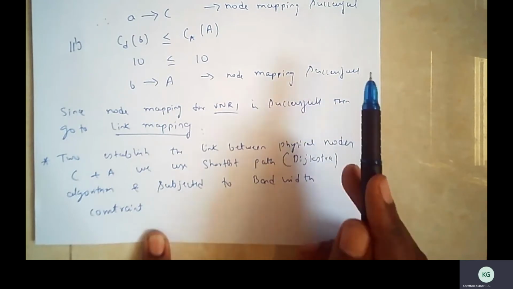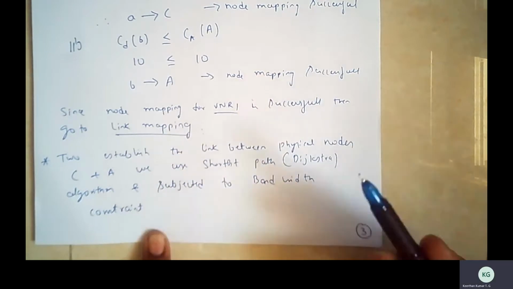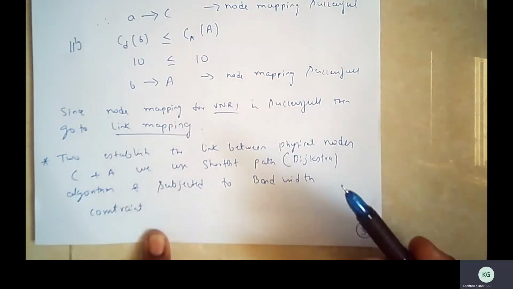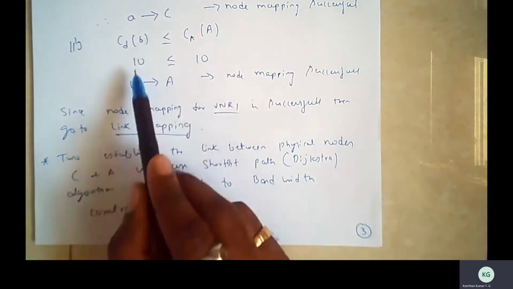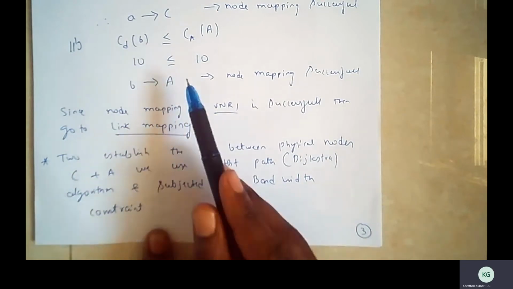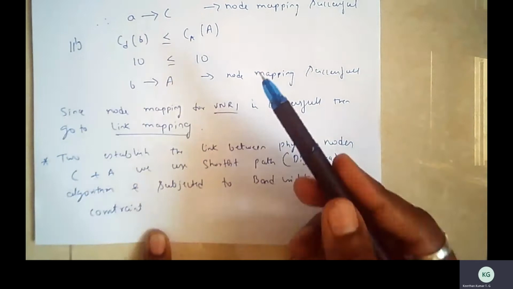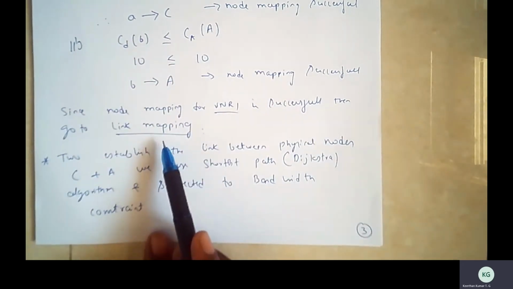That condition must be checked. But VMs of different virtual network requests can be placed on the same physical server. If any one node embedding fails, we can't go for the link mapping. Once again, we need to pick a new request and perform the node embedding. Then only we can go for the link mapping or link embedding.